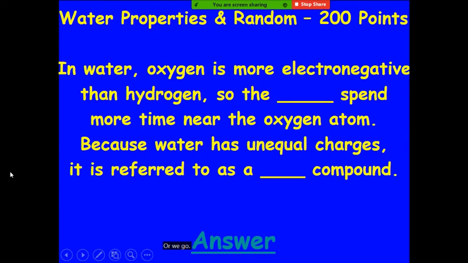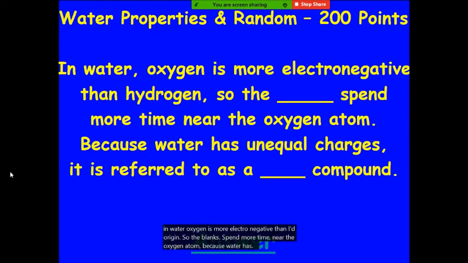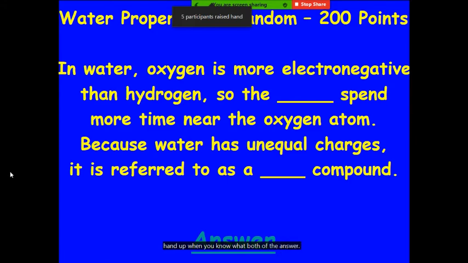In water, oxygen is more electronegative than hydrogen, so the blanks spend more time near the oxygen atom. Because water has unequal charges, it is referred to as a blank compound. Hand up when you know what both of the answers are.